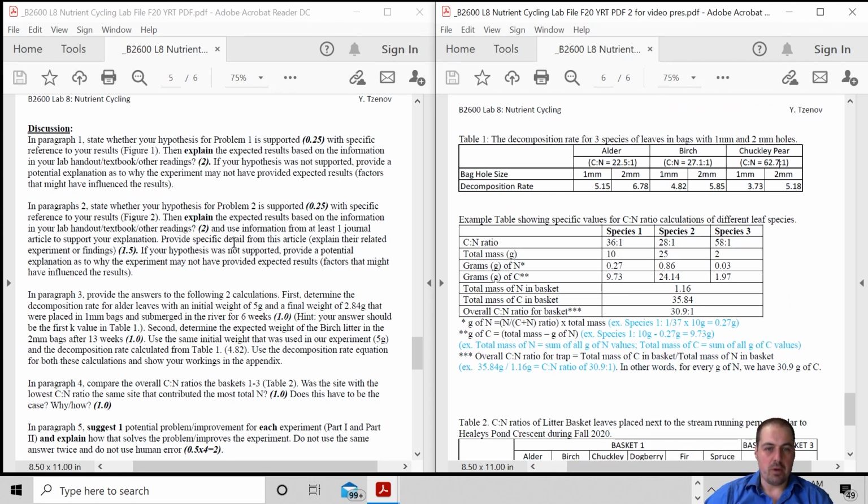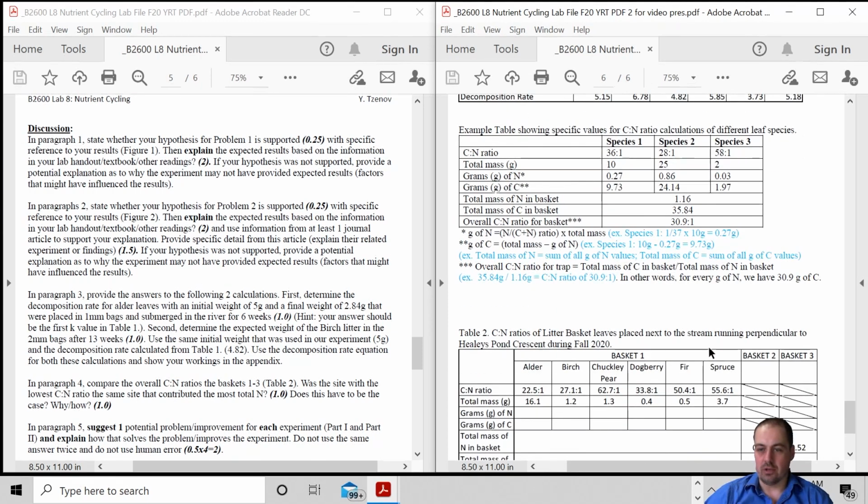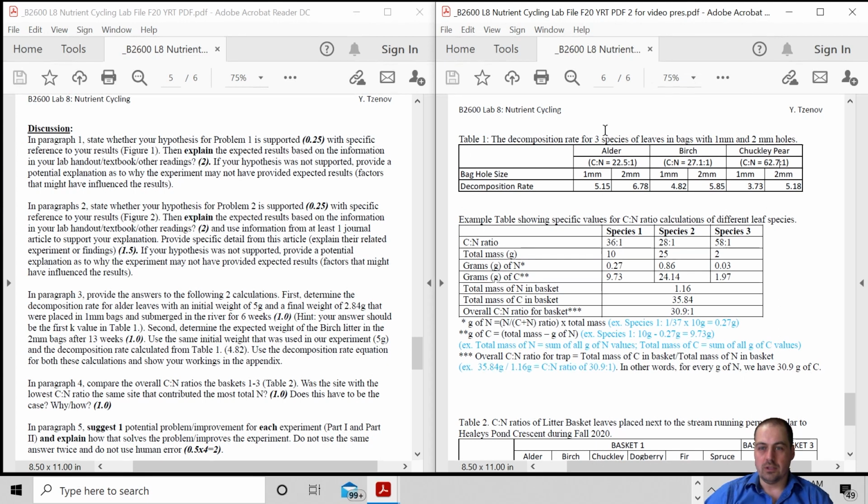For your second hypothesis, it talks about whether the carbon nitrogen ratio affects it. So that's the one that you're going to refer to your diagram. In this case, you're going to pick either 1 or 2 millimeter bags, and you're going to focus on the ratio. So the trend that you see here is that the lower the ratio, the higher the quality of leaves.